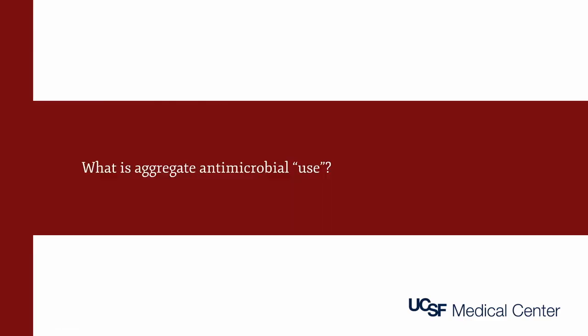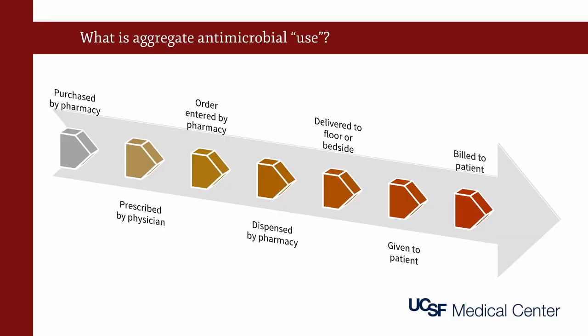The first step in measuring antimicrobial use is determining what you will actually be measuring. Most clinicians would consider use of antimicrobials to be administration of a drug to a patient. But it turns out that most studies that report antimicrobial use are actually measuring a different step in the antimicrobial use process, from as far removed as the drug being purchased by the pharmacy, through various steps of ordering and delivering the drugs, to steps that occur after the use has actually occurred, such as billing data.